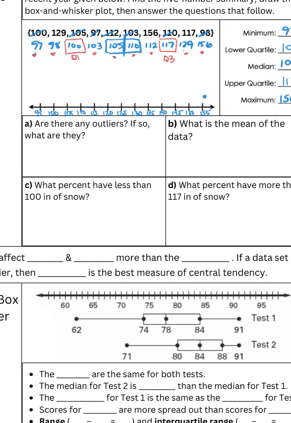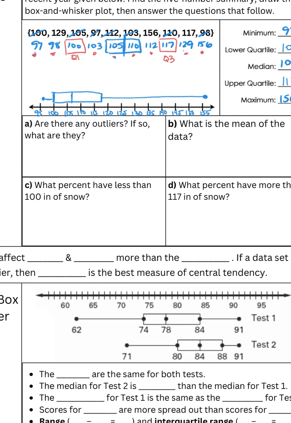So 156 is going to end up around here. 97, 100 is going to be the first part of our box, and then 107.5, and then 117. So something like this is what your box looks like. I have a whisker on that side and a whisker on this side.